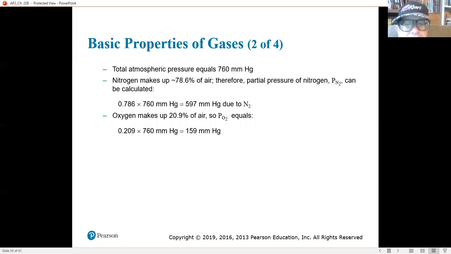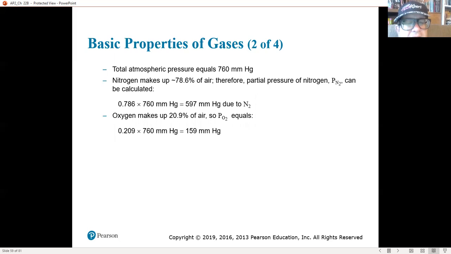So total atmospheric pressure, 760 millimeters of mercury. Nitrogen's 78, 79% of air. Well, they're saying we'll be specific, 78.6.